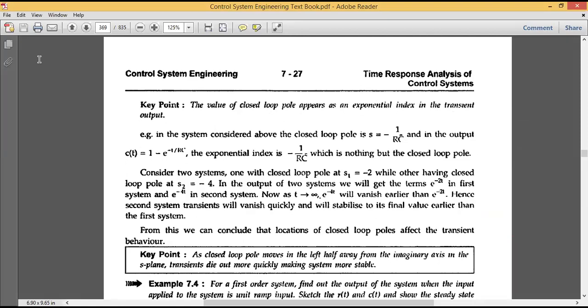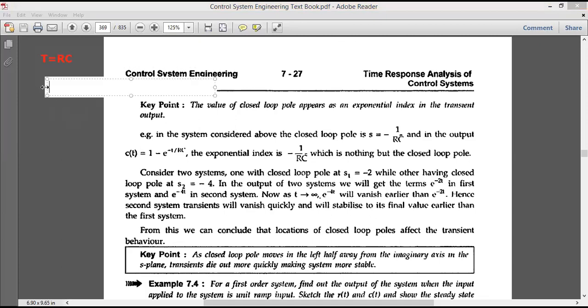The value of T is nothing but RC, what we have seen in the above concept. So minus 1 divided by T, you can write as 1 by RC. It gives you the exponential index, the exponential graph.